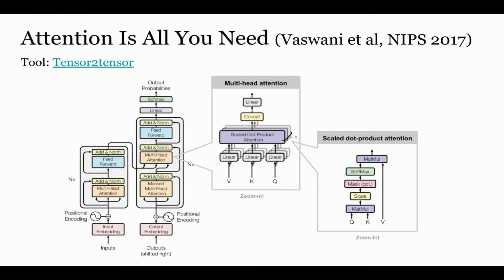We have two-dimensional positional encoding, so sine waves going horizontally and vertically, and that is a standard transformer: multi-head attention, skip connection and normalization, and what's called the feed-forward part. I don't like the name at all, but whatever.